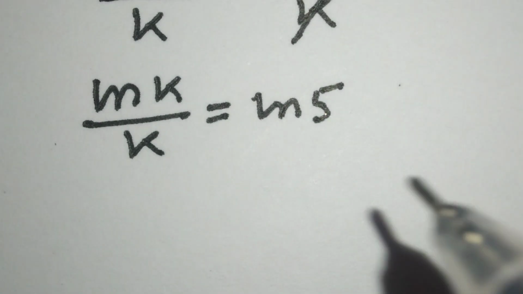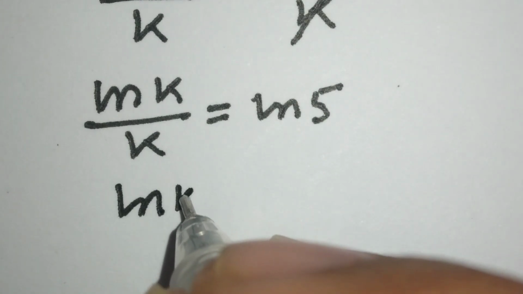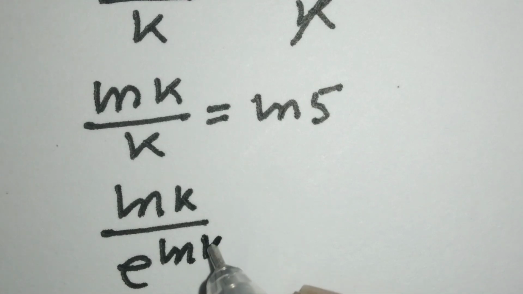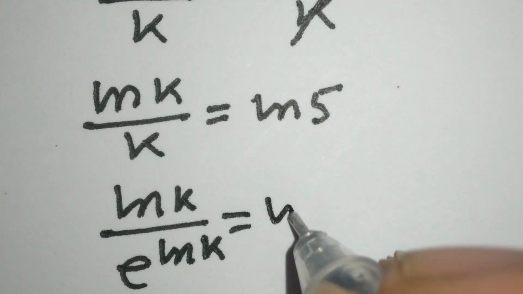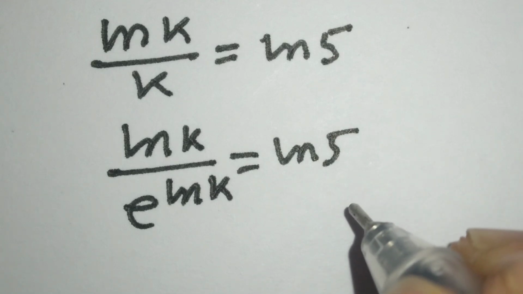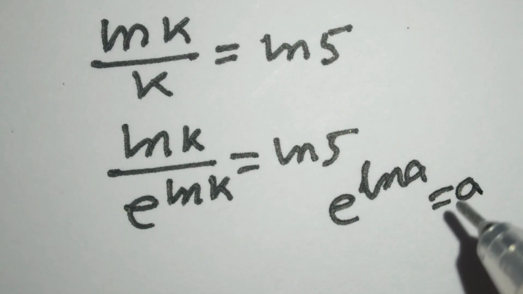We can write here ln k divided by e to the power ln k is equal to ln 5. Here we know a math property: e to the power ln a is equal to a.